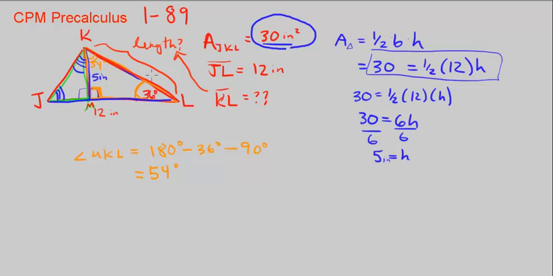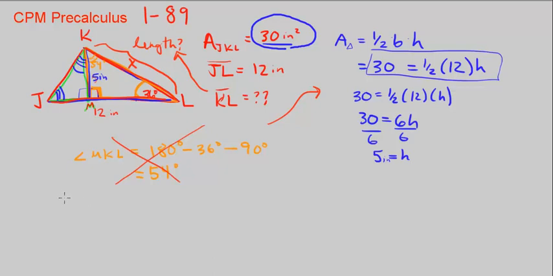The easiest and fastest way, I guess we didn't even need to know the earlier information. We could have just started right here, because once we know this is 5 inches and this whole base is 12 inches, let's call this side x. So KL is equal to x.